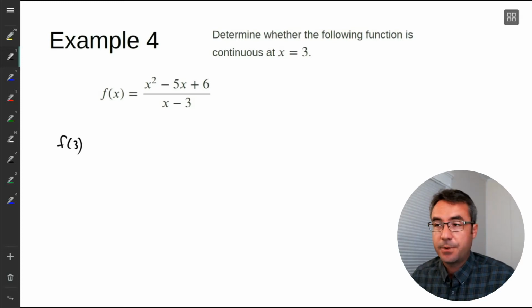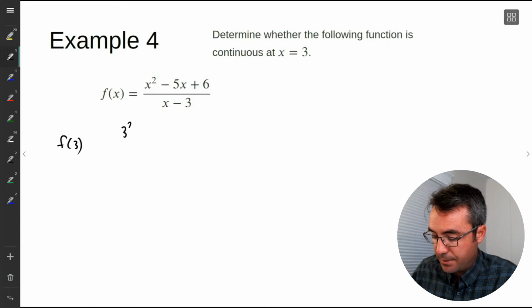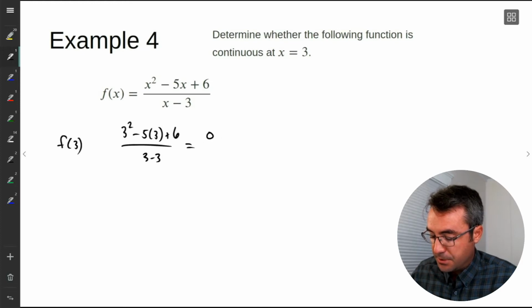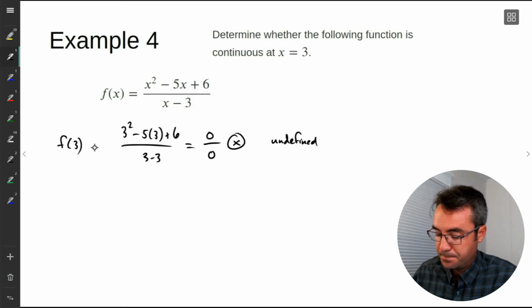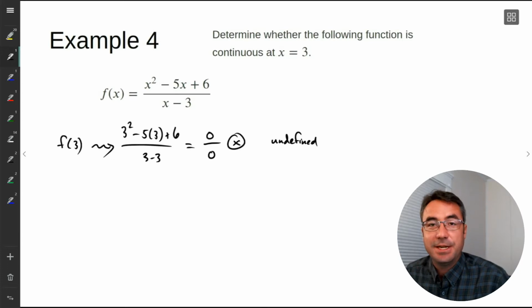If we were to plug f of 3 in, what would we get? We would get 3 squared minus 5 times 3 plus 6 over 3 minus 3. And that ends up being 0 over 0, which, no good. That's undefined. So it actually doesn't make any sense to plug x equals 3 into this function.